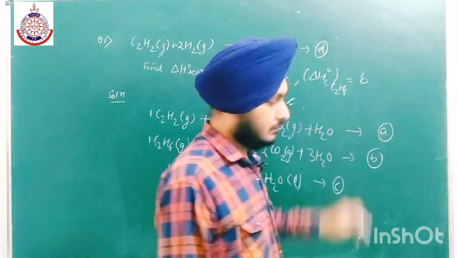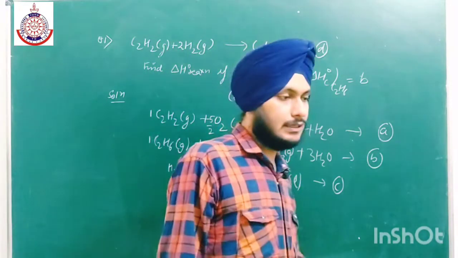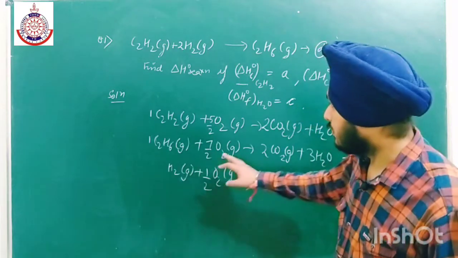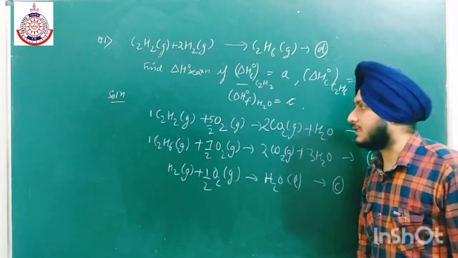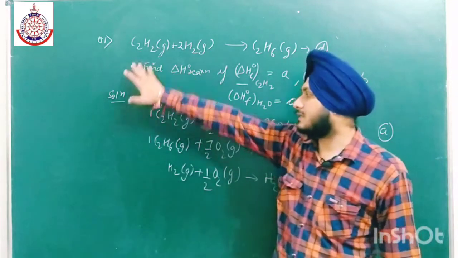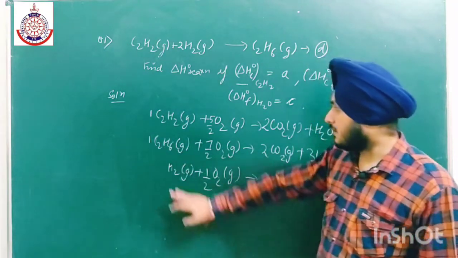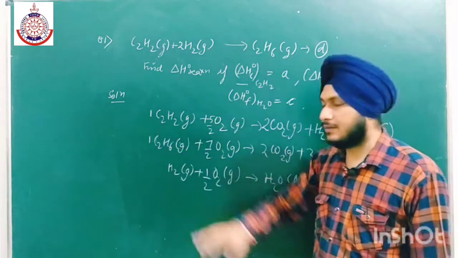We have to form D with the help of these three equations. So how can we form this equation with the help of these three equations? Firstly, we have C2H2 on the left side here, and we also have C2H2 on the left side in the target, but C2H6 is on the right side here and on the left side in the other.